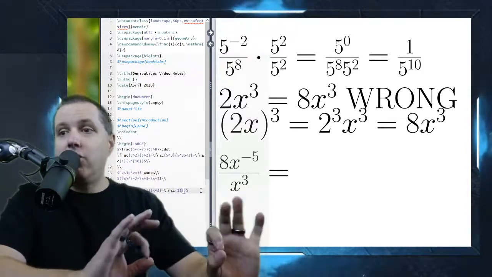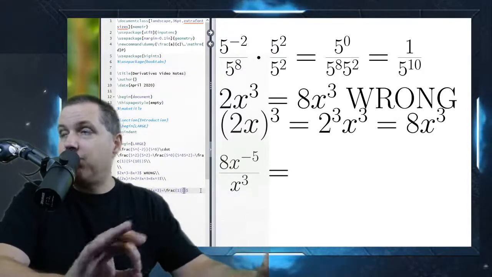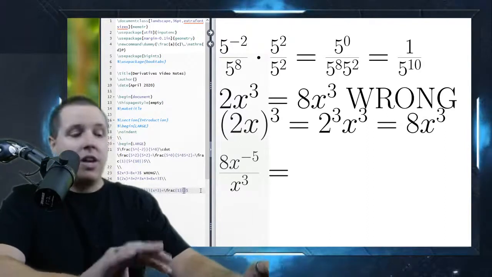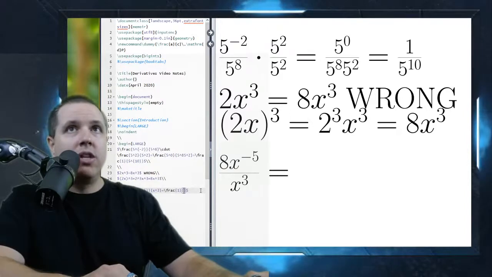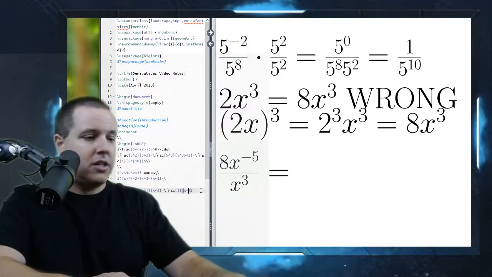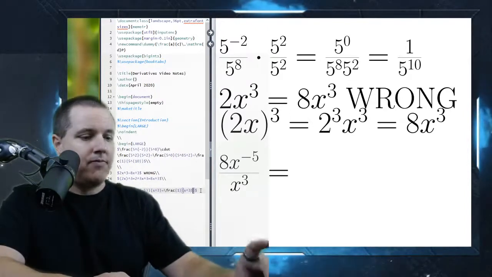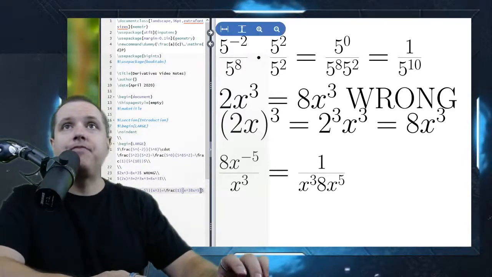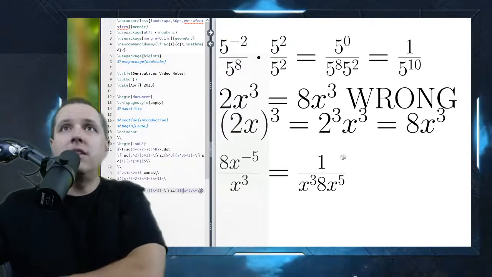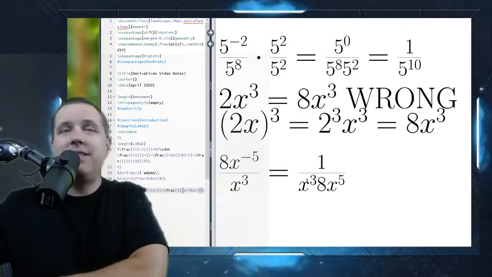What I'm showing you is the wrong way to do it, but I'm pointing it out because students will try to do it. And then saying, well, that negative exponent, let's move stuff to the bottom, which would give us at the bottom x cubed times 8x to the 5th. And the exponent would become positive now, right? This is a thing I see students do all the time. Except this isn't right, is it?